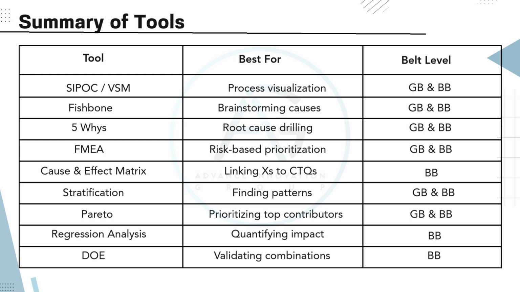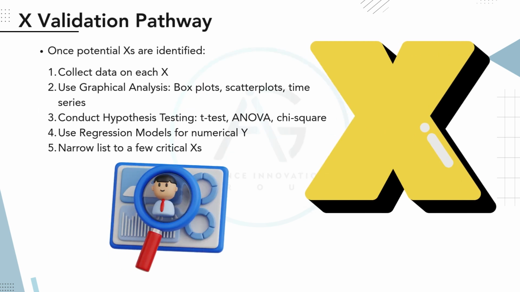X validation pathway. Once potential X's are identified, collect data on each X to understand their behavior. Use graphical analysis tools like box plots, scatter plots, and time series charts to visualize patterns.